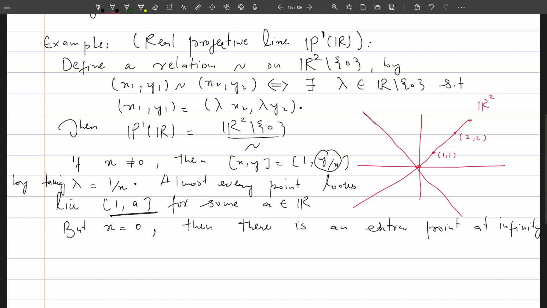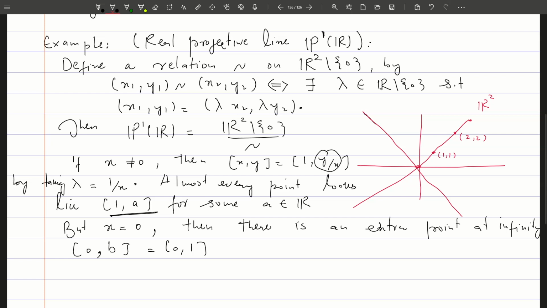This point will look like 0 comma b, which is same as 0 comma 1, because we can multiply by 1 over b.